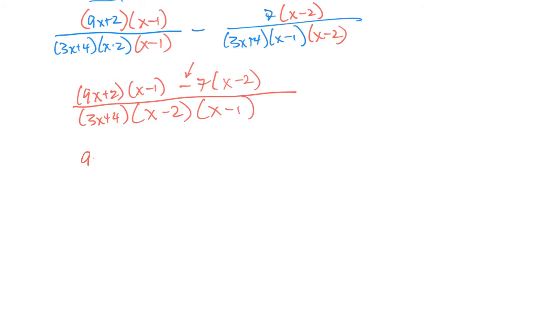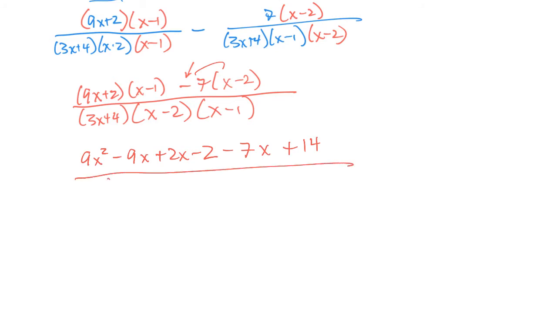first one, I'll get 9x squared minus 9x plus 2x minus 2. On the next one, I'm going to get minus 7x and a plus 14 all over that lowest common denominator. Collecting like terms on the top, there's only one x squared term.